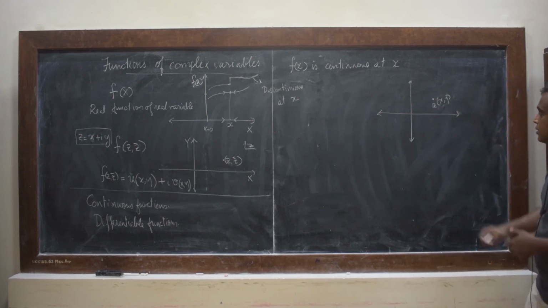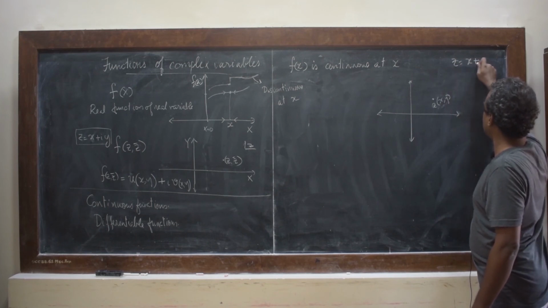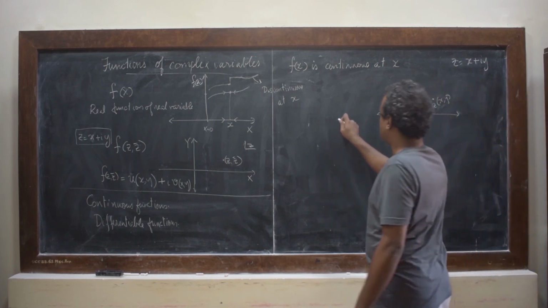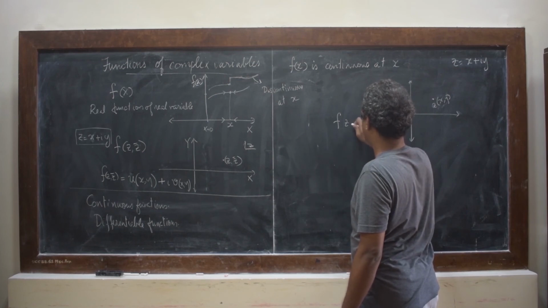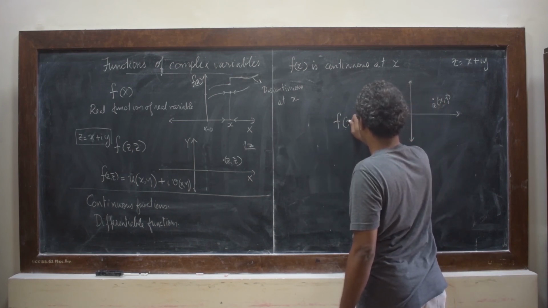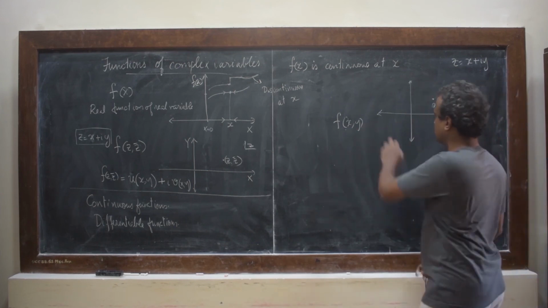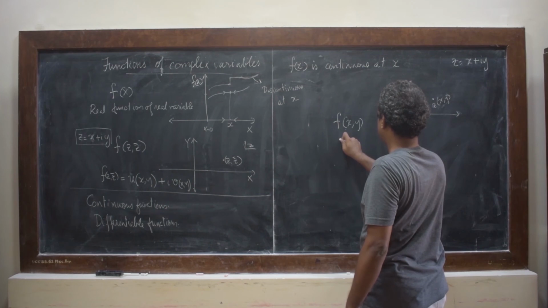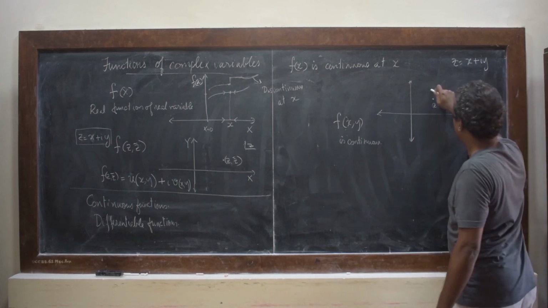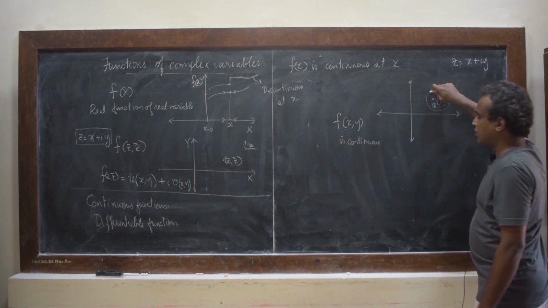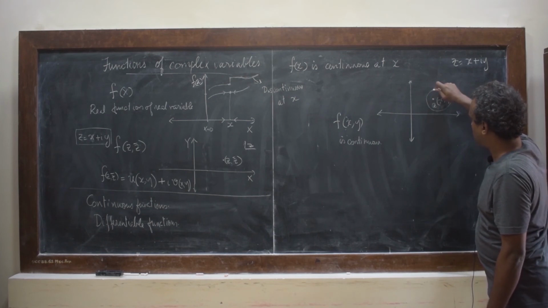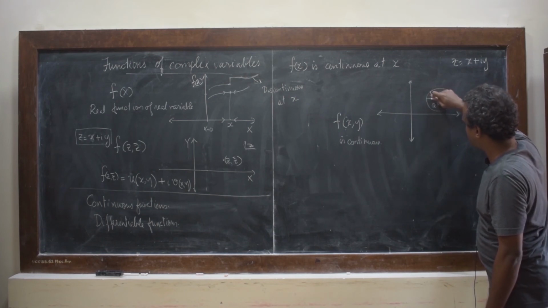Suppose z is a point on the complex plane with its real part x and imaginary part y, then we could say that a function f of z, which for now let me choose to write in terms of x and y, is continuous when the function has the same value at the point as you approach that point from any direction in the complex plane.